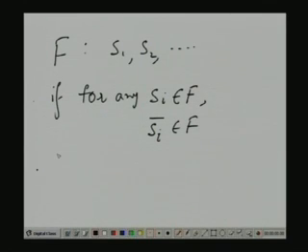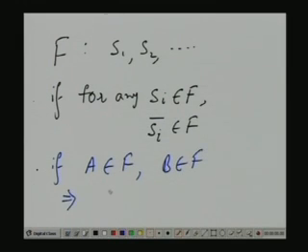And number 2, if A is an element of F and B is an element of F, then their union also is an element of F. These two conditions must be satisfied. There are some properties which follow from these, which we will now be considering.